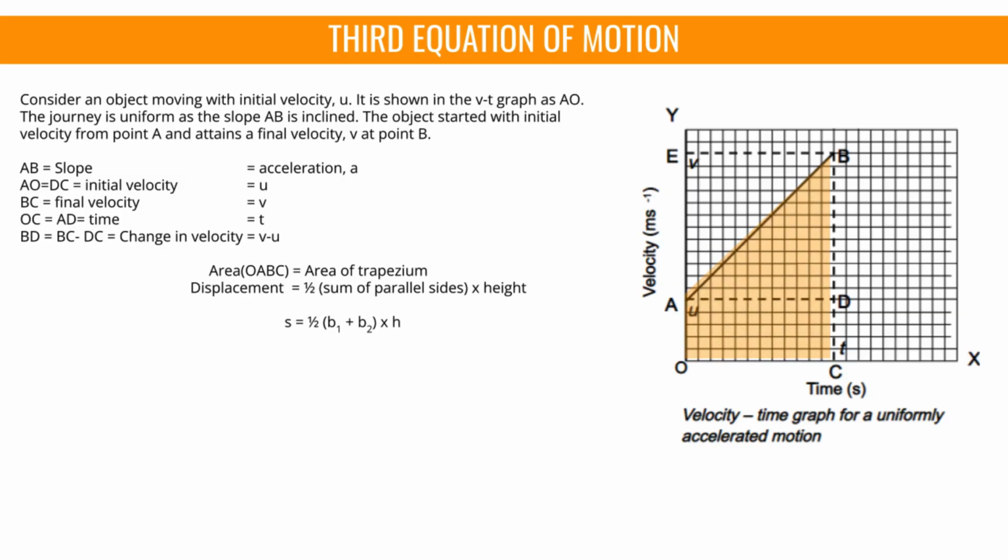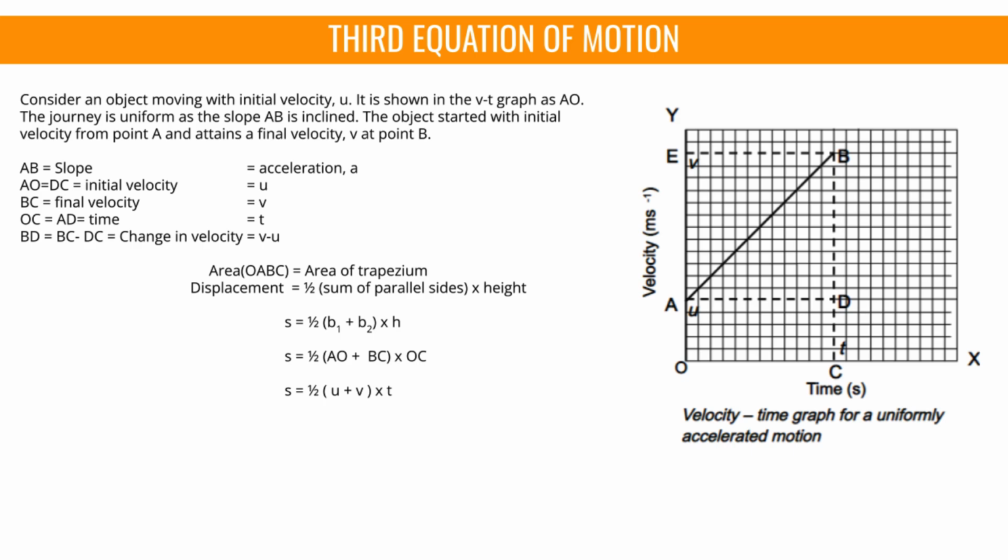Formula for area of trapezium is half multiplied by sum of parallel sides multiplied by height. Area of trapezium equals displacement of the car, which is denoted as s. Substituting annotations from the graph, we get s equals half AO plus BC multiplied by OC. AO is initial velocity u, BC is final velocity v, and OC is time t.